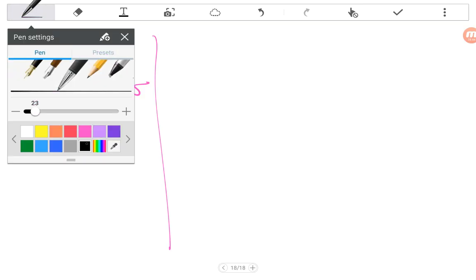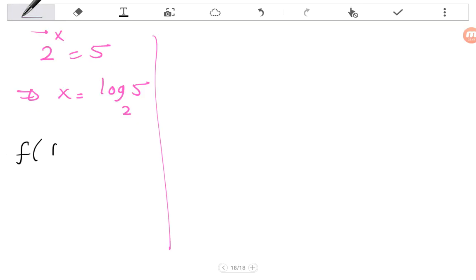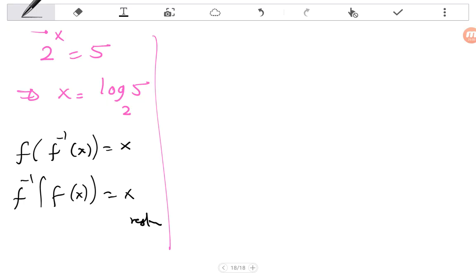As I have told you, we learned before that f, when applied to its inverse function, gives me x, and f inverse applied to f of x also gives me x. This is in the restricted domain of f, and this is inside the domain of f inverse. But for an exponential function, is it 1-to-1 or not?